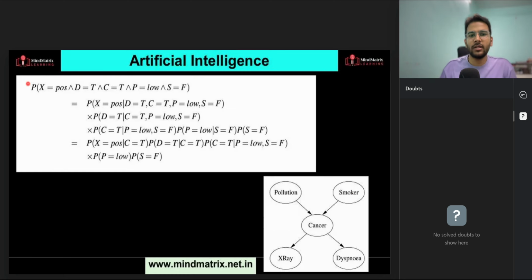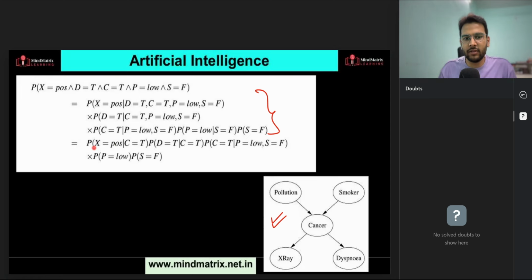So carefully see this. This is what we have written. So this was our Bayesian network. If they say P is positive and D is true, C is true, pollution is low, smoker is false, in that case, after considering that conditional independence and everything, this is what you are going to get.